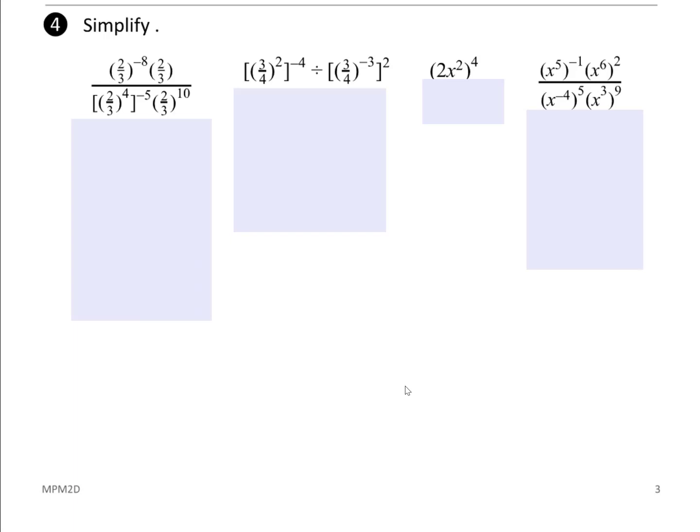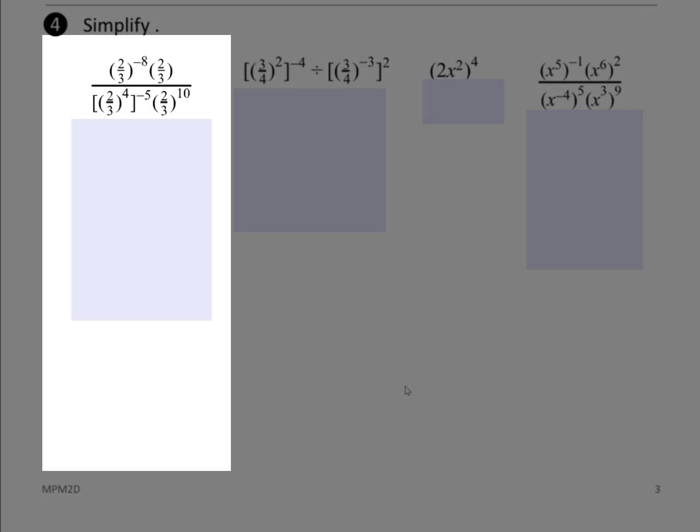So I have 4 examples here, and it looks like there's a lot going on. Just take it one small step at a time. And in our first example, we actually have 2 over 3 to the power of negative 8 times 2 over 3 to the power of, well, if it's not written, it's really to the power of 1. And remember our first rule.